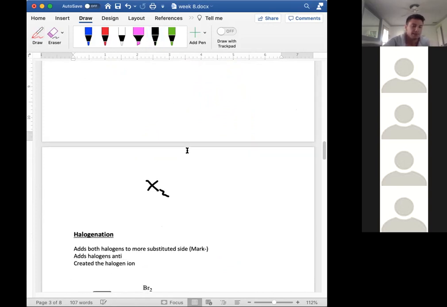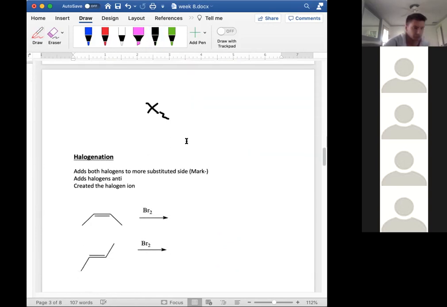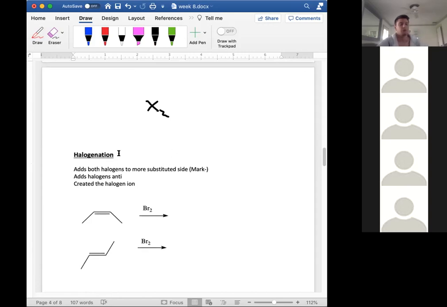Anything with that will be a halogenation. And so this is still following the Markovnikov rule, which means it's adding to the more substituted side. But really, you're just adding your halogen to each side of the double bond.